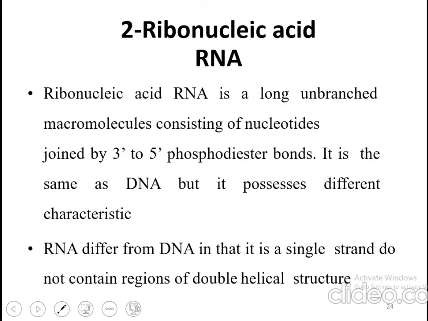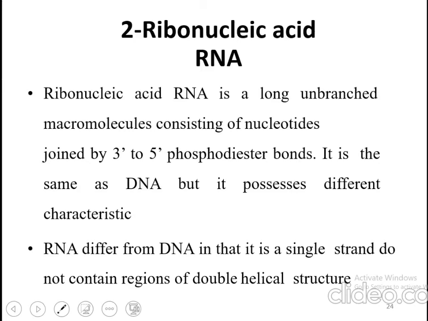Now we will study a little bit about ribonucleic acids. Ribonucleic acid, abbreviated as RNA, is a long unbranched macromolecule consisting of nucleotides joined by 3' to 5' phosphodiester bonds.